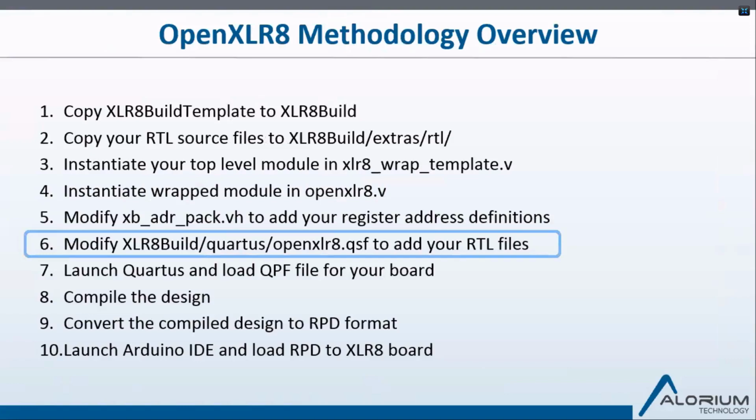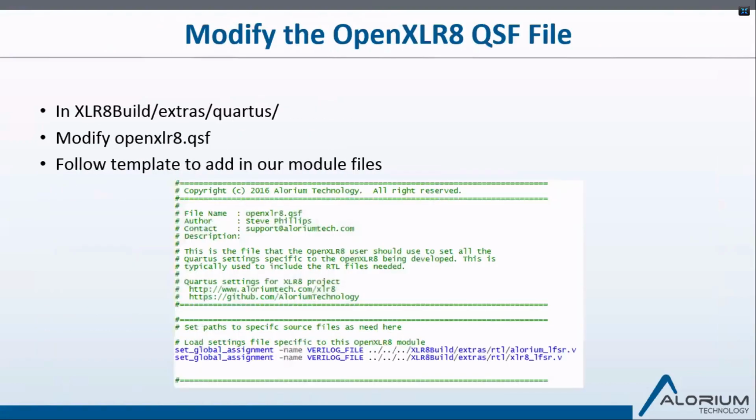So now we're done over in our RTL directory. We're going to go over to the Quartus directory now and modify the OpenXLR8.qsf file. The OpenXLR8.qsf file is a Quartus settings file, and it allows the user to set any Quartus settings that they would want to do for their design.